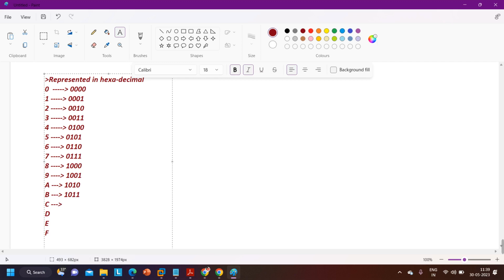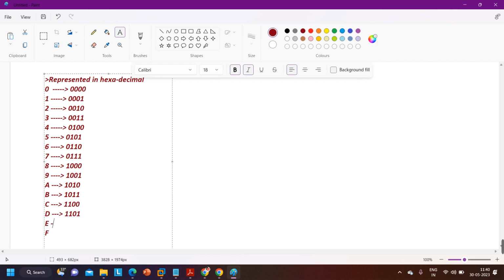Binary of C. C means 12, so 8 plus 4, that is 12. This will be the binary of C. The binary of D, D means 13, so 8 plus 4 plus 0 plus 1.